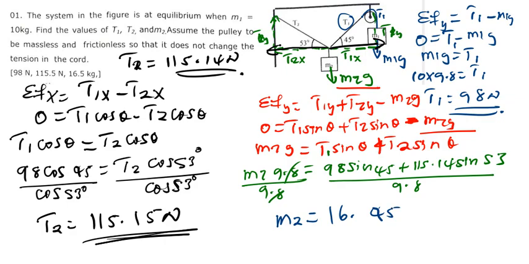If I round it off, my m2 will be equal to 16.5 kgs, and for sure here we have 16.5. That's why I'm saying here they made a mistake. This was supposed to be 115.14 or 115.1, just like that. So that is it for this type of static equilibrium.